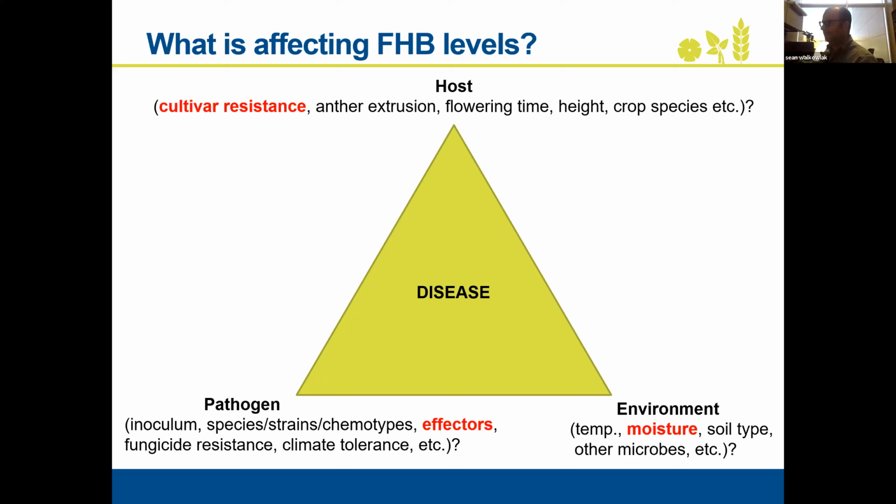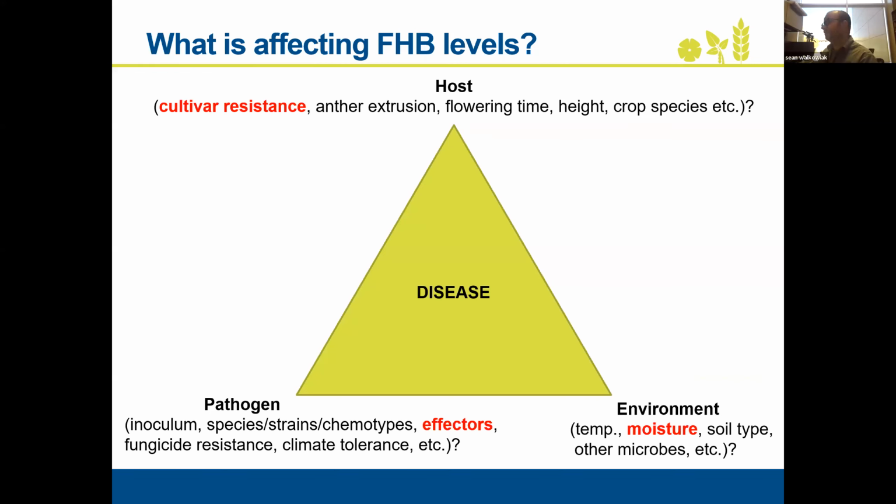You have things like the flowering time, the height of the plant, what the species is. We're clearly seeing a difference between durum wheat and red wheat, for example. And how well the anthers open up to make the flowers more willing to receive spores to initiate disease.